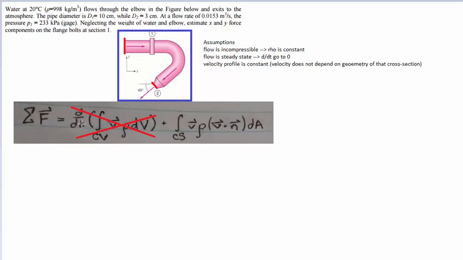So what are the external forces that we have? Okay, if you've read the problem statement, we're basically at the end of the day looking for the reaction forces that are happening at this flange bolt here. So this bolt is basically adjusted to whatever flow is going through the system, and it's designed so that the system stays static. So it keeps everything from falling apart.